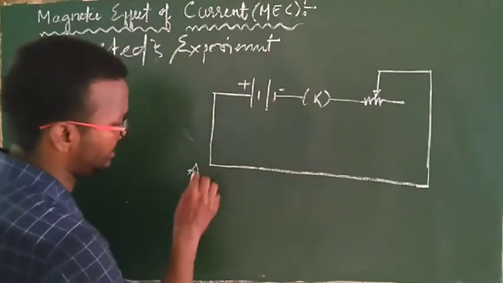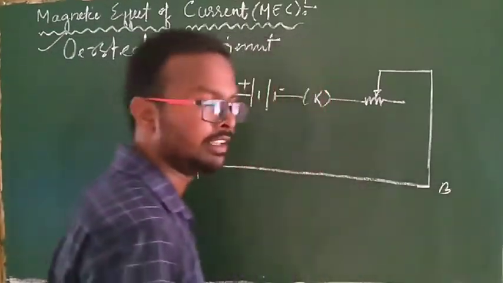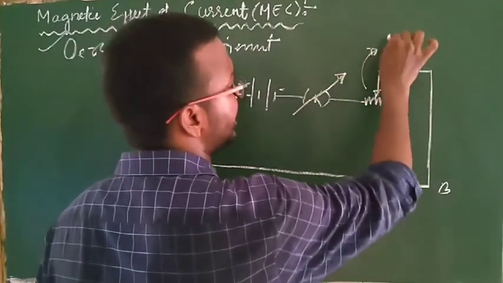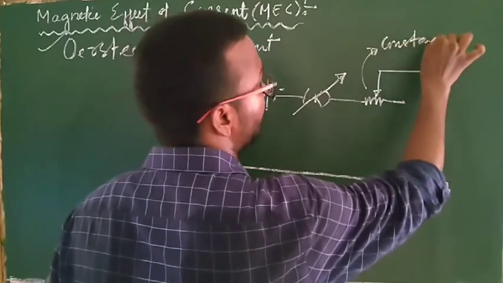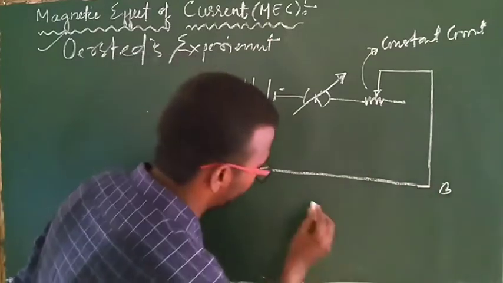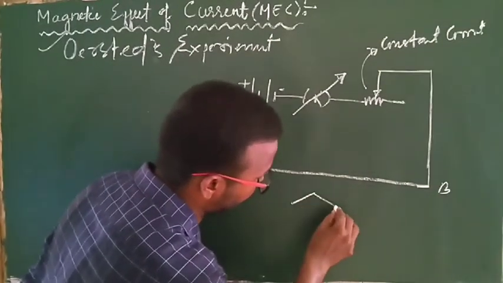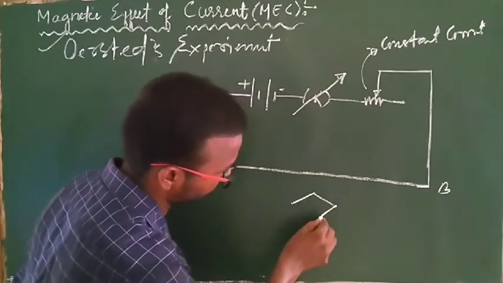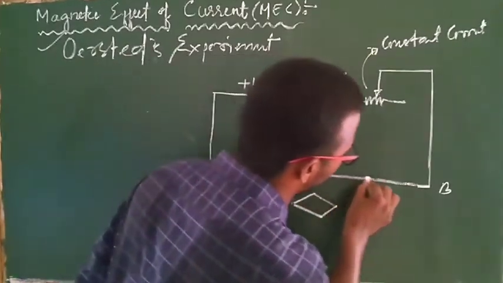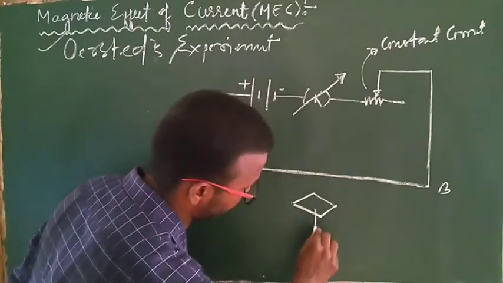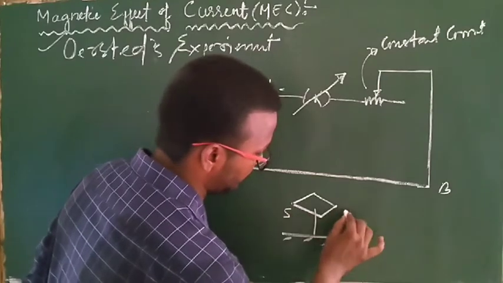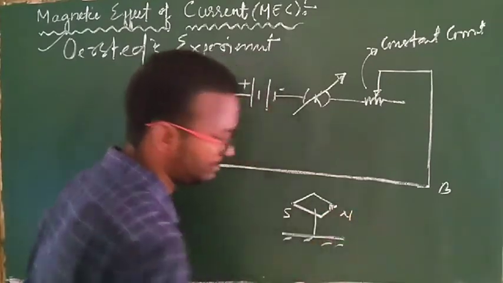Suppose this is point A and this is point B. After closing the key K, for a constant current, suppose we have a magnetic needle below this wire, and this is the south and this is the north pole of the magnetic needle.